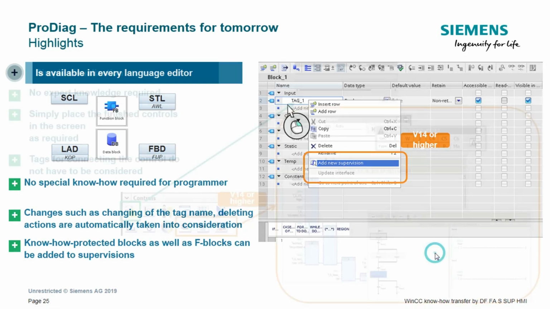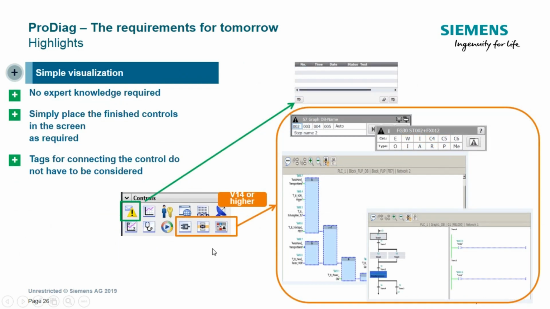Okay. On the HMI side, it's pretty simple. The only thing you see which is different is you get more controls. So you not just have the alarm control where you can see all the alarms on your machine. You actually get the so-called S7-Graph overview control, which, if you use S7-Graph, shows you information of your S7-Graph function block.